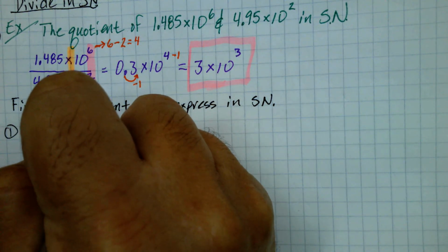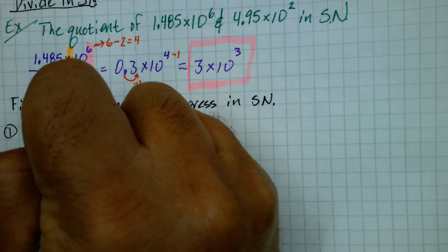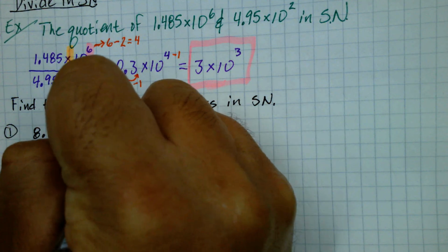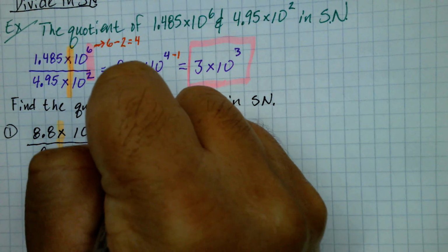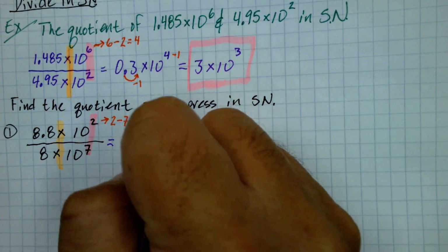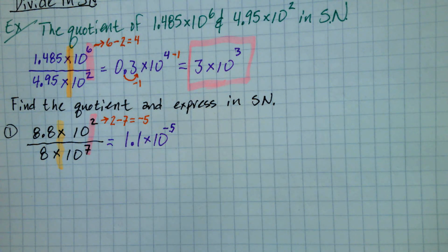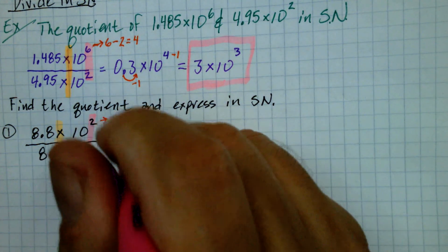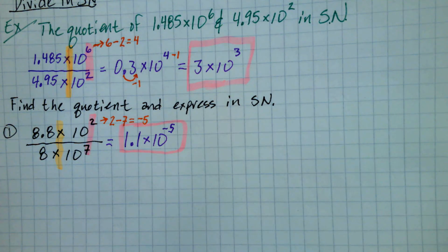What's going to be the subtraction problem I got to work out to figure out the power of 10? 2 minus 7. And 2 minus 7 is negative 5. We're taking away more than what we have. So it's going to be 1.1 times 10 to the negative 5 power. Okay? And that one's already in scientific notation. Nothing else left to do. We're good with that answer. Okay, sometimes that happens.